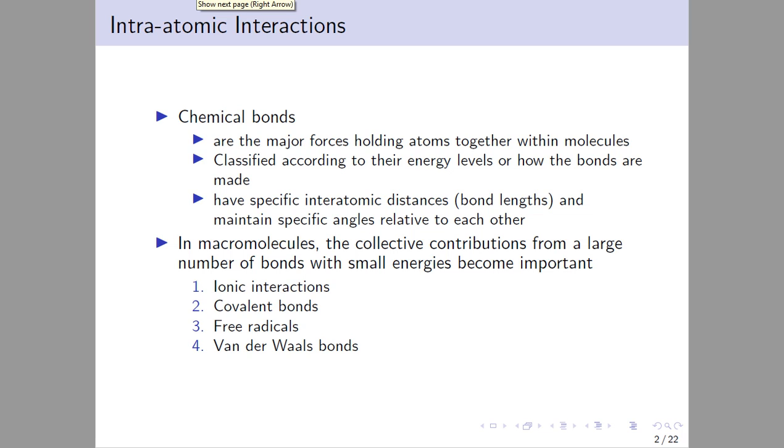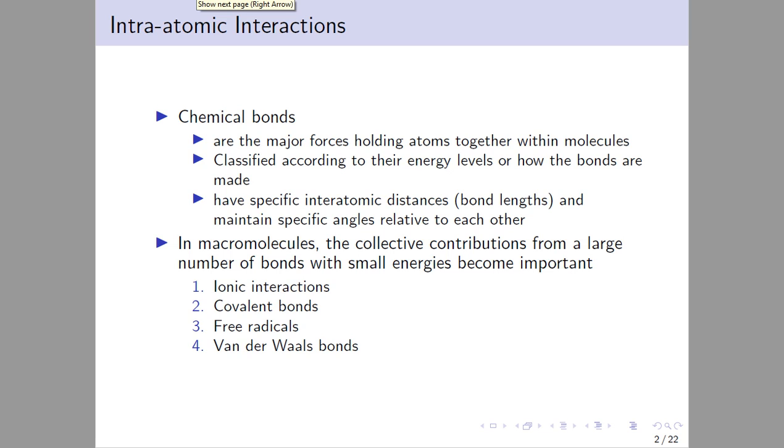So the chemical bond. These are the major force holding atoms together within the molecule, and are classified according to their energy level or how the bonds are made. For example, the Lennard-Jones potential, dipole-dipole moment, van der Waals.